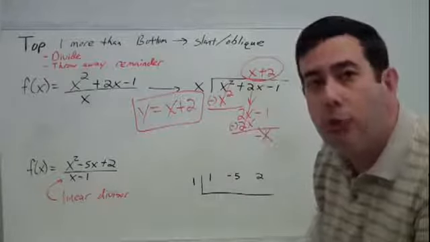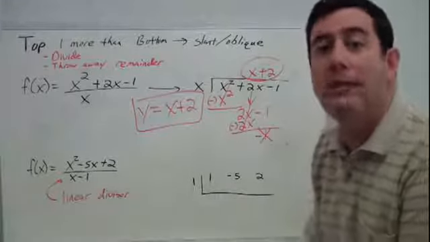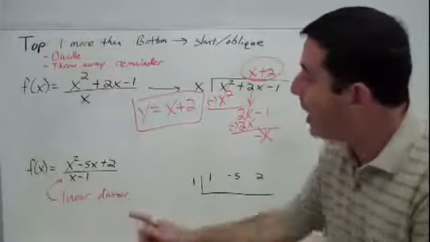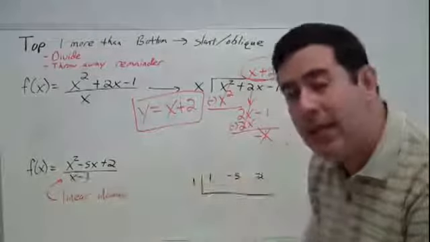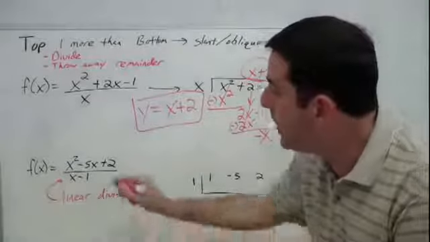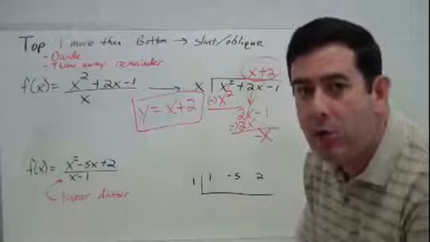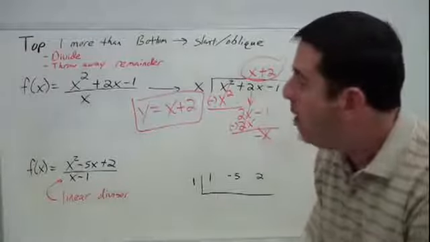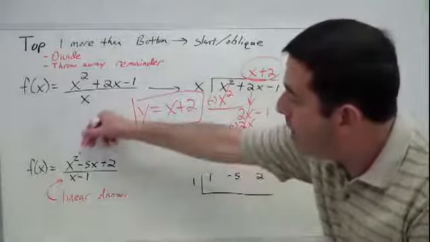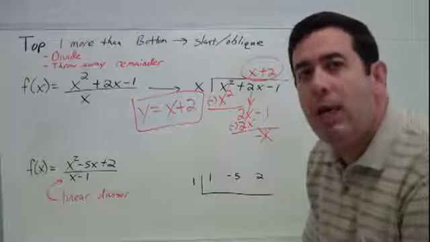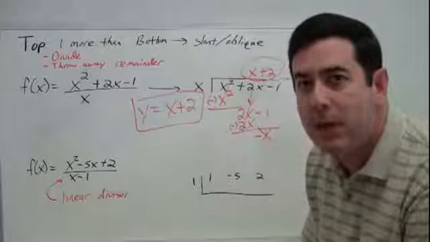Now I know that you probably are more comfortable doing synthetic division rather than long division. As long as you have a linear divisor, this means that it's got a degree of 1, then it's okay for you to use synthetic division. Remember again, degree on top exactly one more than degree on bottom, so this one has an oblique asymptote.